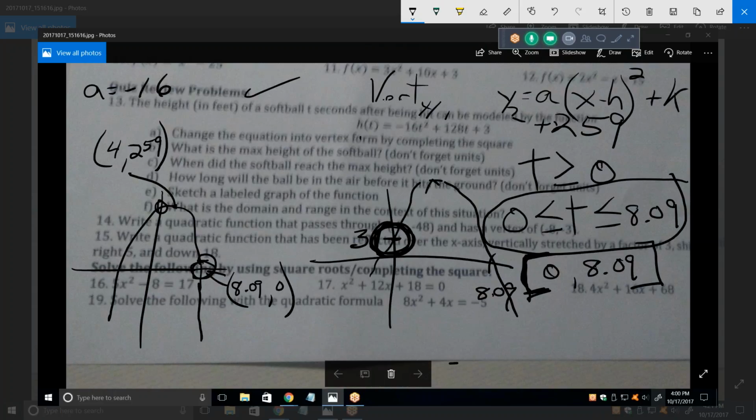Now, that's domain, because time is the horizontal axis. Range is the vertical axis. And it can be 0, because when it hits the ground, it's at 0 height. But the maximum height it gets in the air is 259 feet, and it does get to that, so I have to use a bracket. The difference between bracket and parentheses is if you use a parenthesis, it never hits that number. If you use a bracket, it can hit that number, but not go beyond it. Okay.